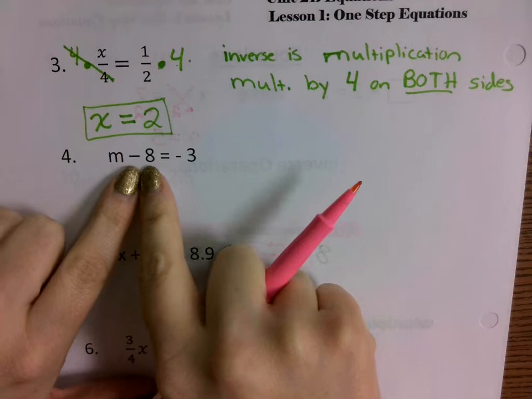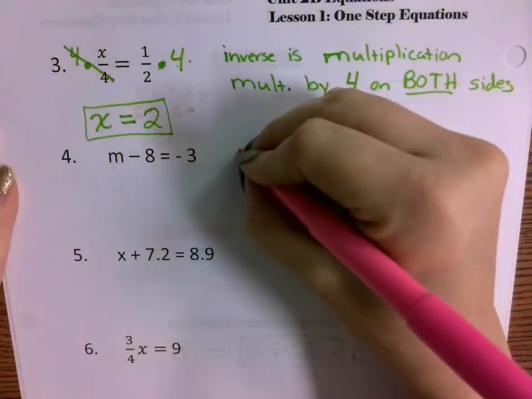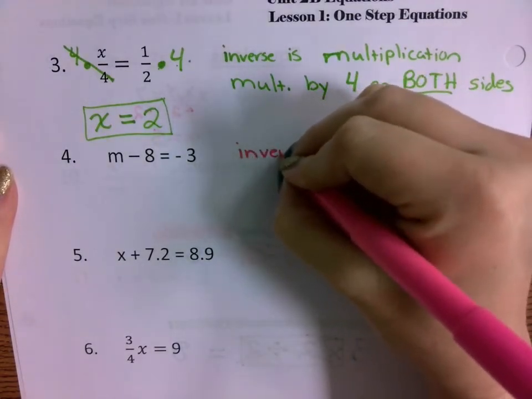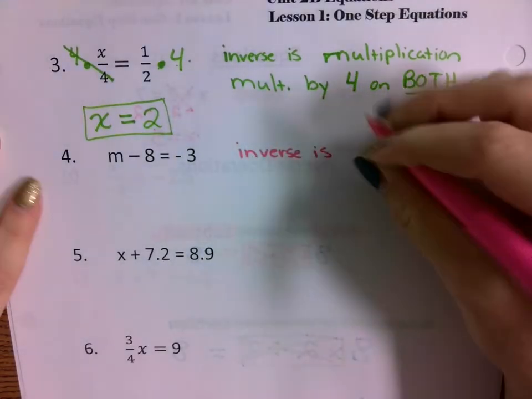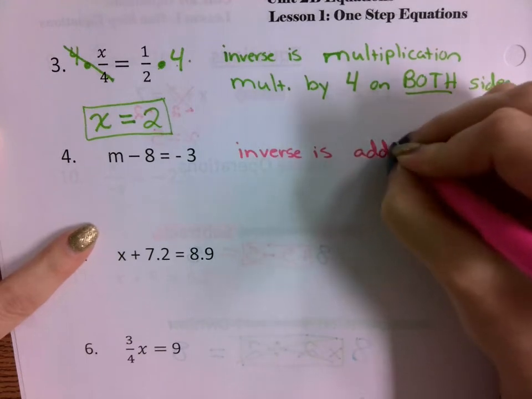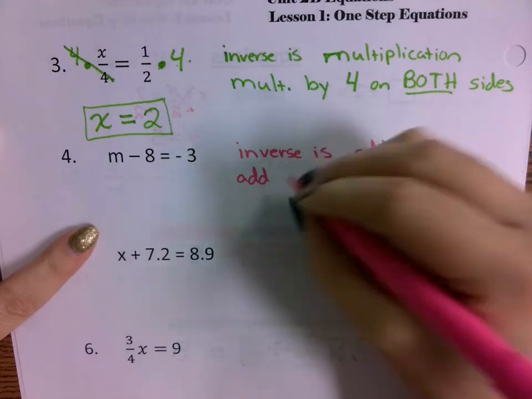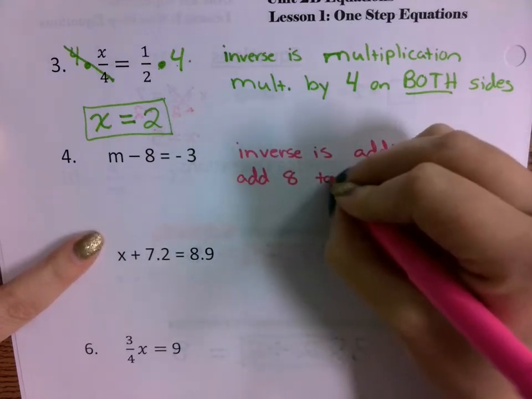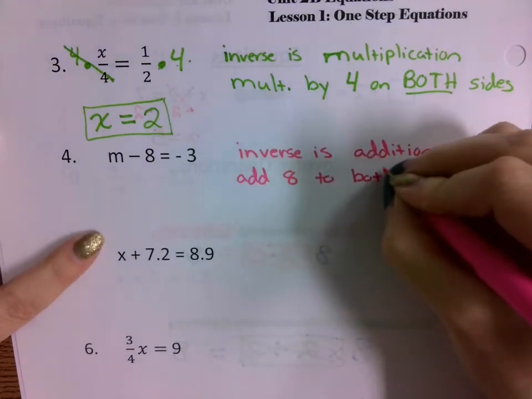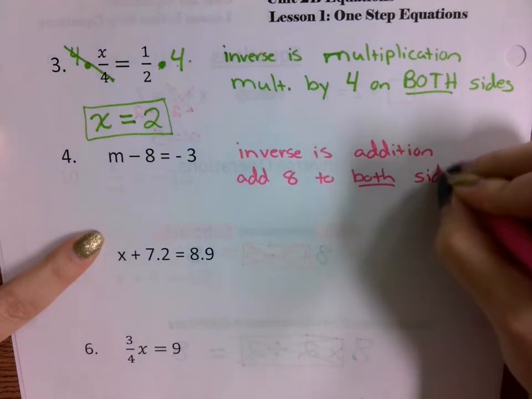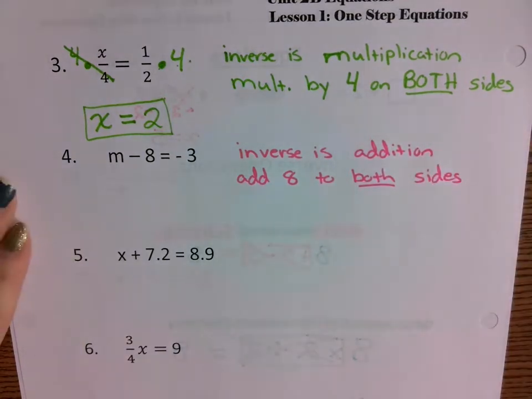Subtraction. And what's the opposite of subtraction, Marianne? Addition. Okay. So the inverse is addition. So we are going to add 8 to both sides.